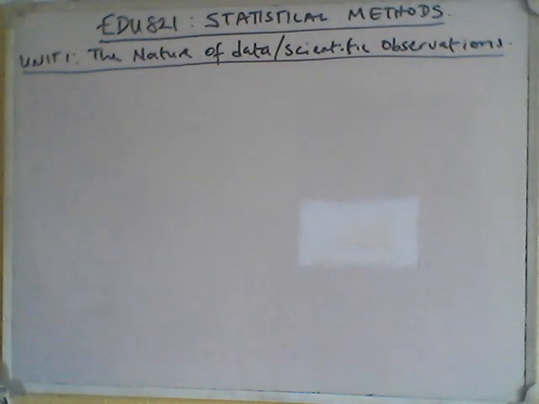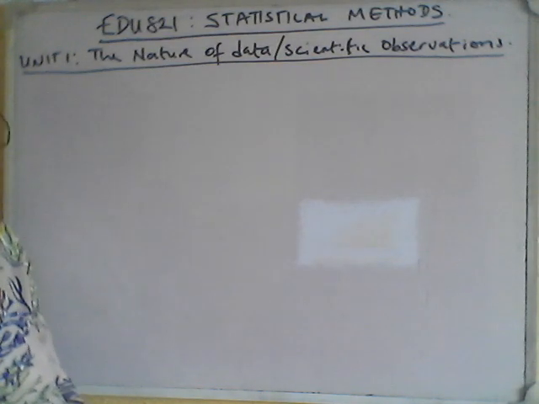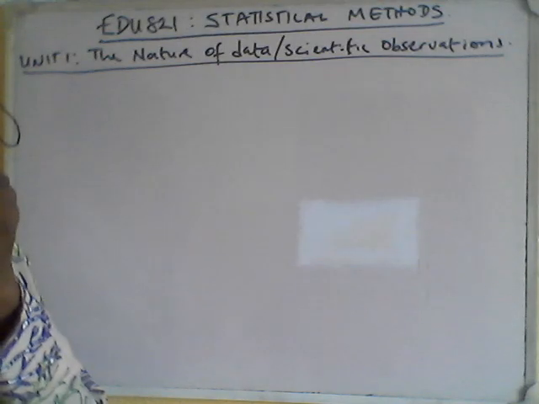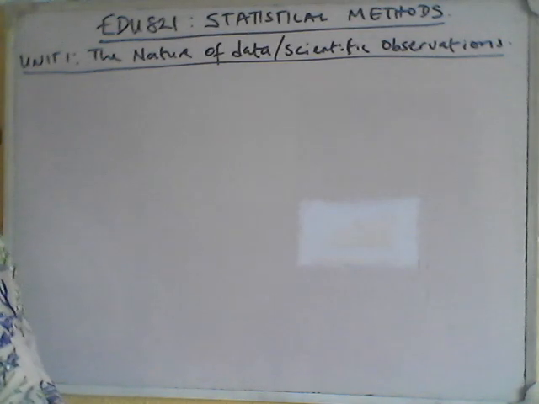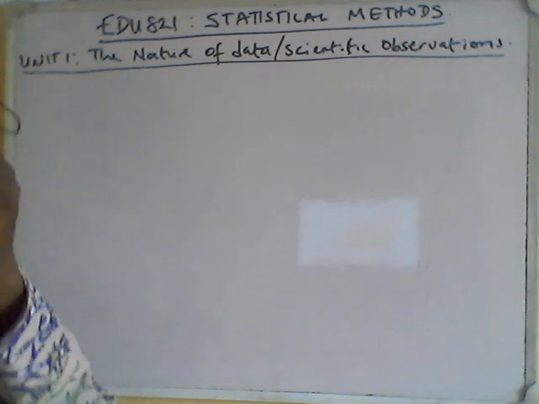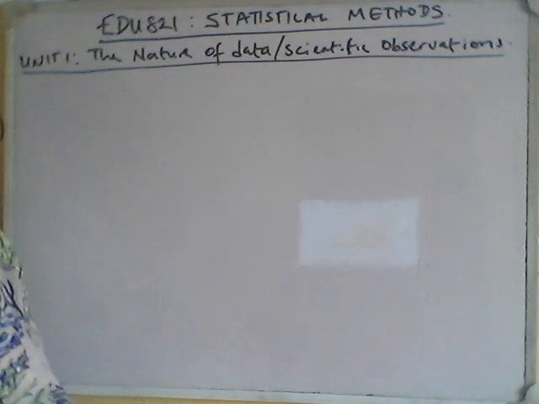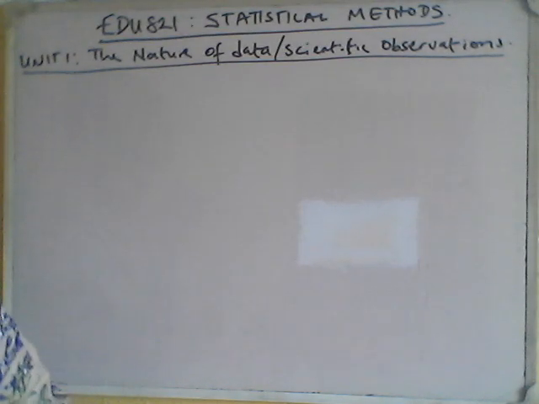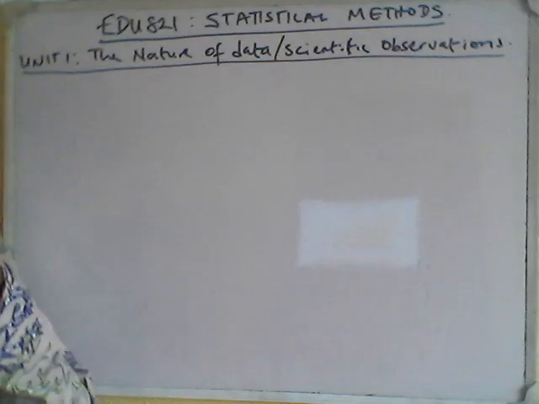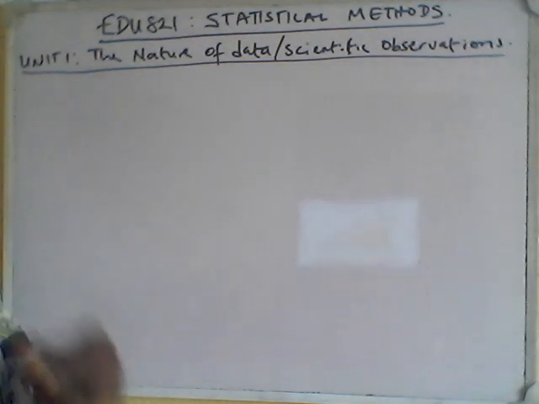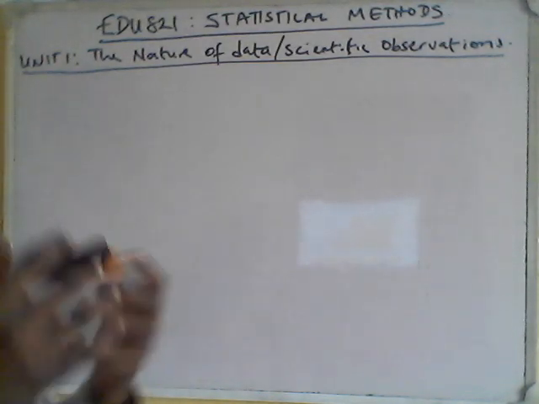So at the end of this unit, you'll be able to define statistical data and statistics. Number 2, you'll be able to conceptualize how data are derived from narrative, description, or information. Number 3, you'll be able to state the purpose of statistics and statistical methods.